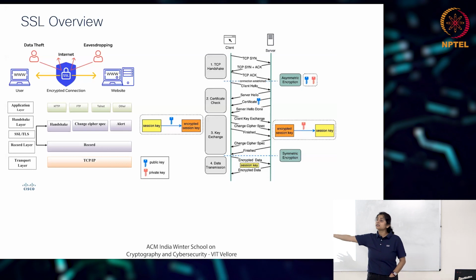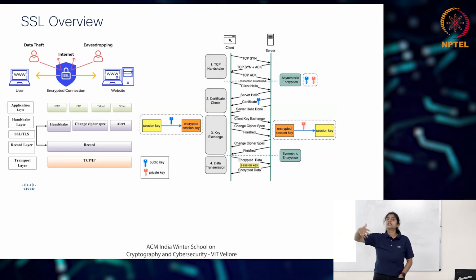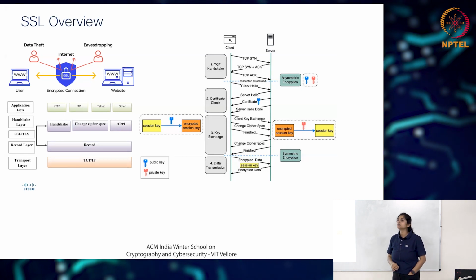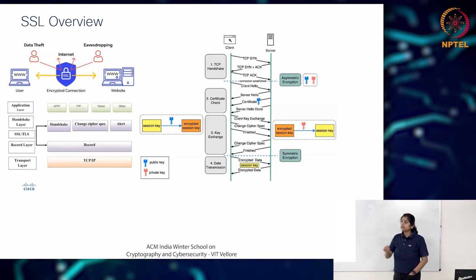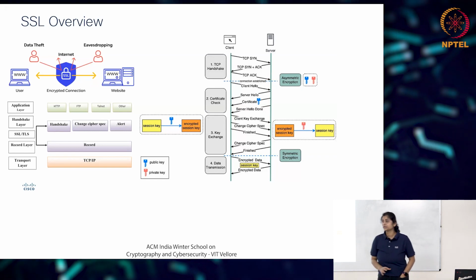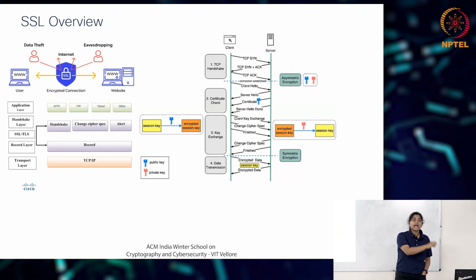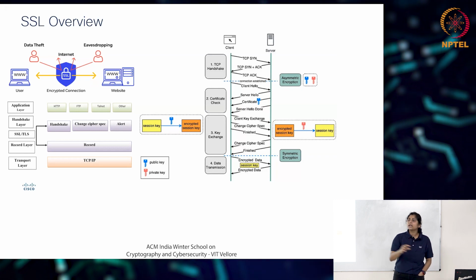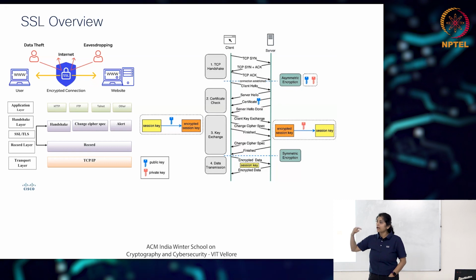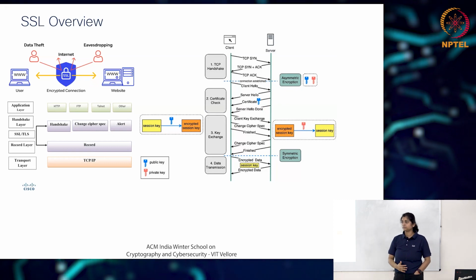If there are 10 such CA servers, for 10 such users, the server will send the certificate request with the list of all the CA servers it has, or rather it supports. Now, if the client has a certificate issued by any of those CAs, then only it can send the certificate back and the session will continue.